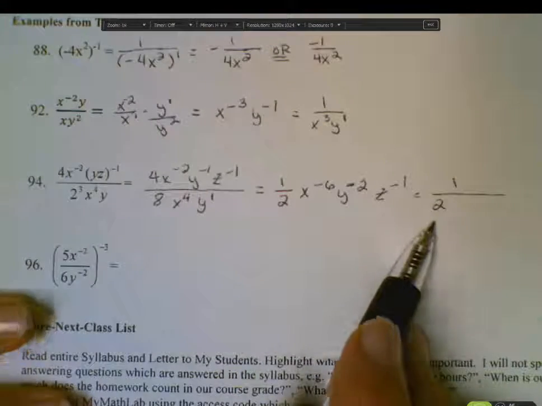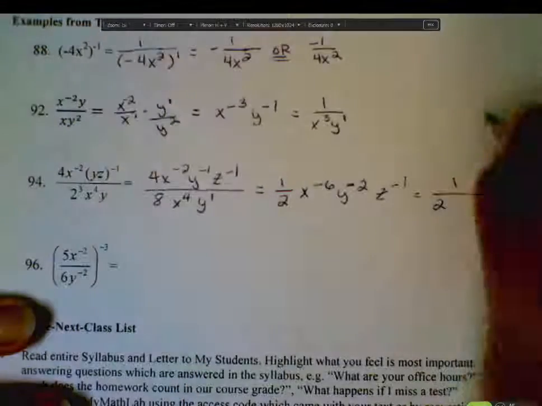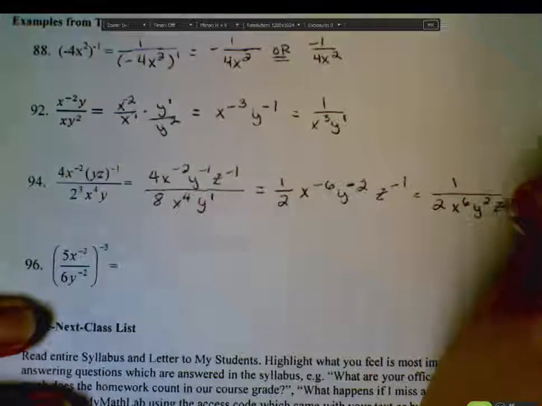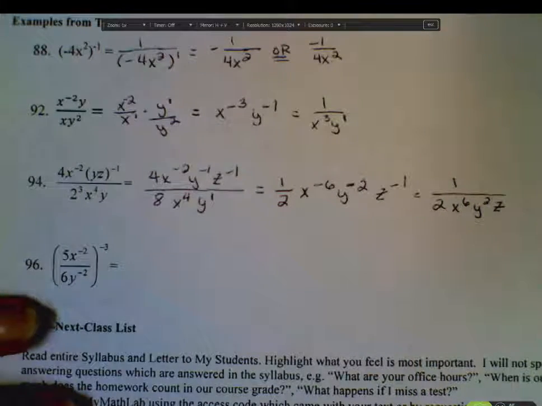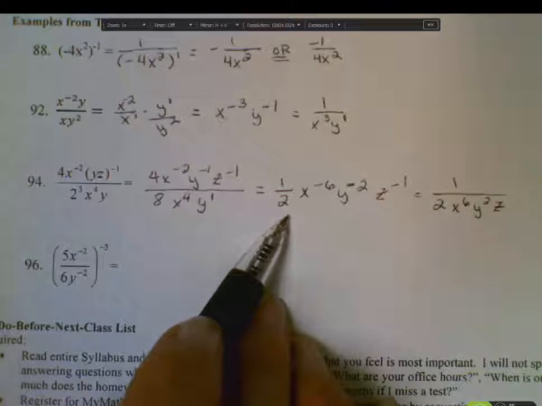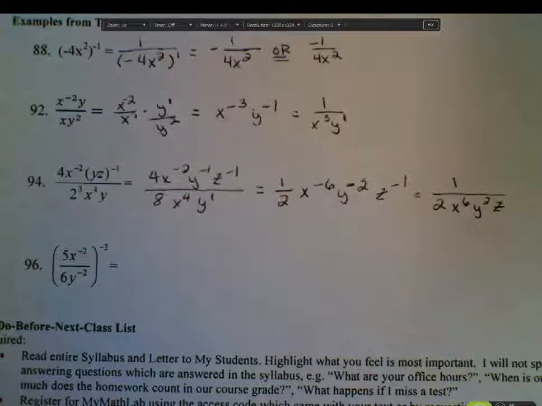I can see my final answer will be 1 over 2, that's the 1/2, with the x to the 6th y squared z in the denominator. I didn't take the reciprocal of the 1/2 because it didn't have a negative exponent. I only took the reciprocal of the x, the y, and the z.